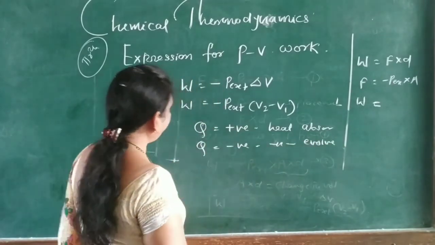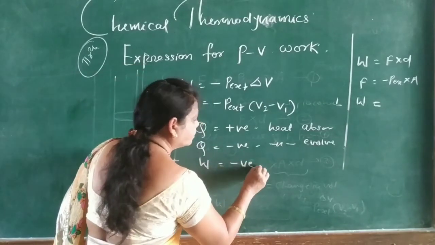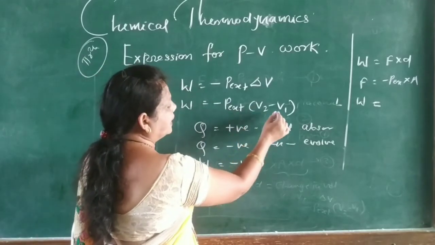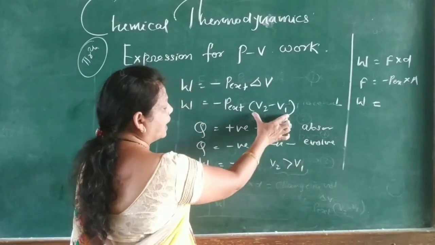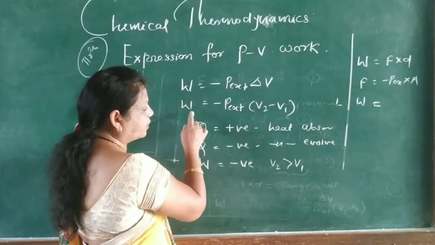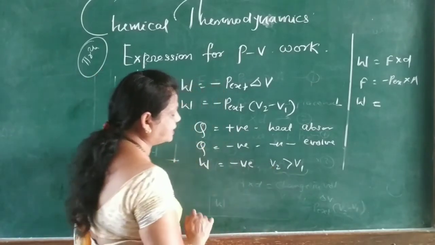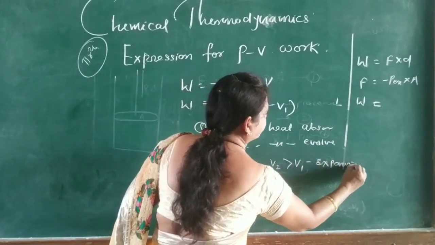In the same way, if W is negative, then V2 is greater than V1, meaning V2 minus V1 is positive, and positive into negative is negative. And if the final volume is greater than the initial volume, then expansion takes place.